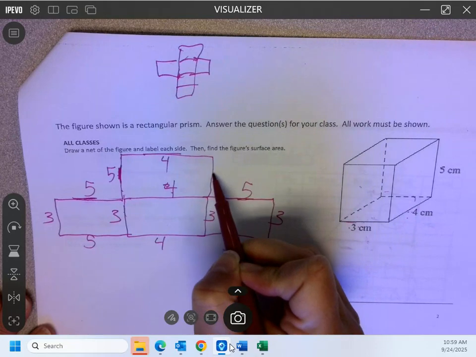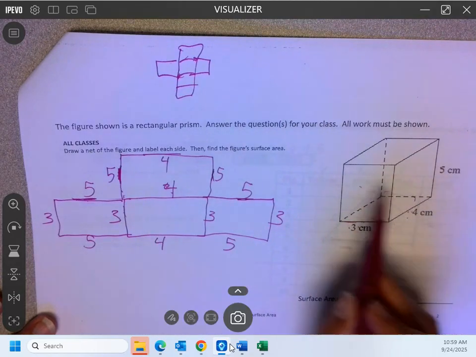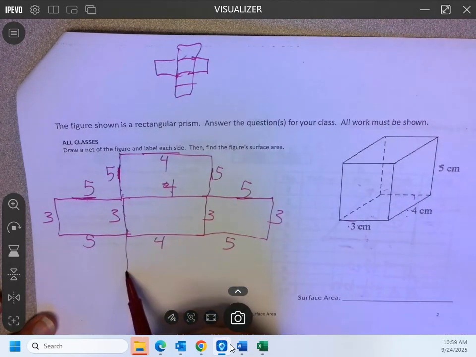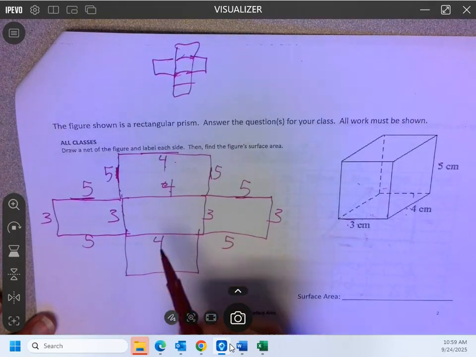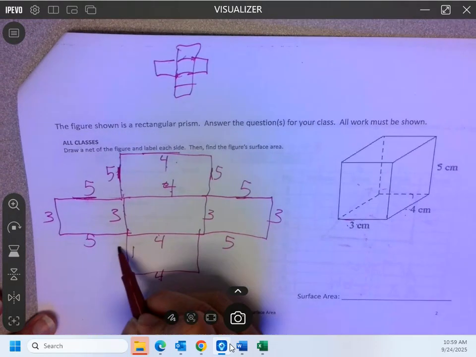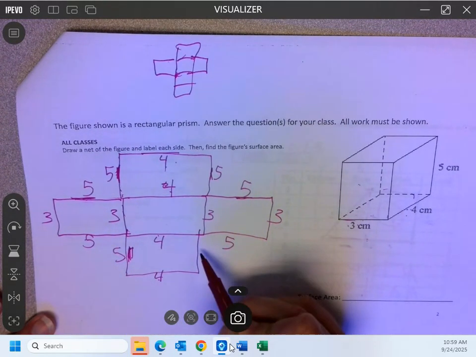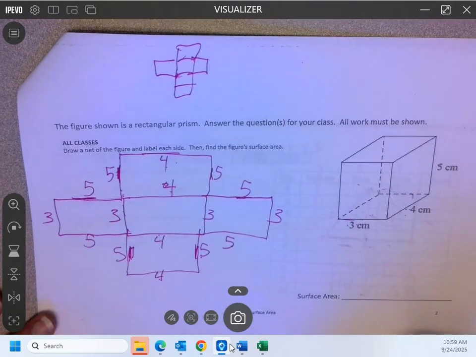If this is a 5, then this side has to be a 5. Now I'm going to do the opposite side, and it's going to be the same side as this. So I've got my 4s, and then my 5s match up with that 5, right? So 5 here and a 5 here, because the 5 matches up with the 5.